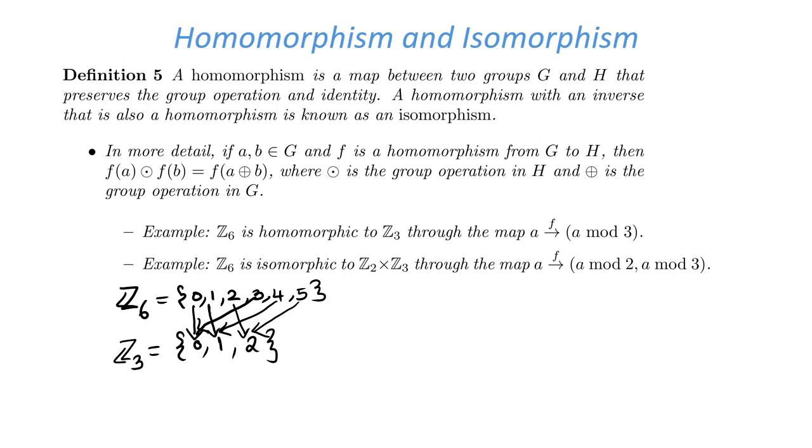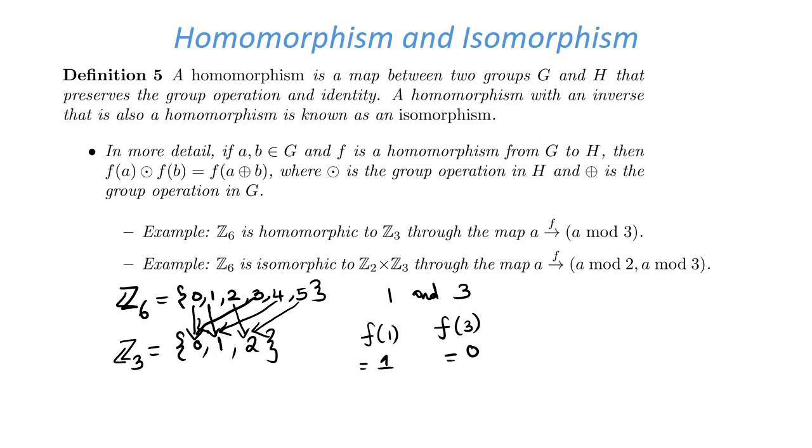Now let us verify this property. If I take two elements from Z6, suppose I take the elements 1 and 3. What a homomorphism says is that I can apply F to 1 and F to 3, which gives me the two elements 1 and 0.